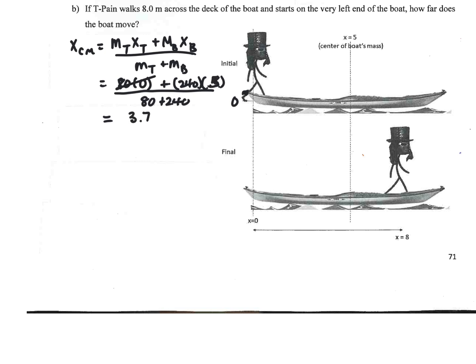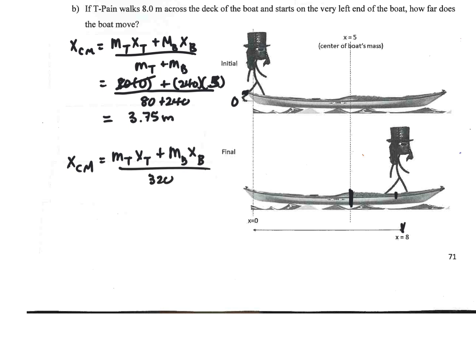Okay, that's where it starts. Now let's look at it afterwards. We know the center mass is still here. He's at 8. So how far is the center of mass now? Where is the center of mass at this point? Still the mass of T-Pain, location of T-Pain, mass of the boat, location of the boat, divided by that 320, because that didn't change. 80 plus 240 did not change.